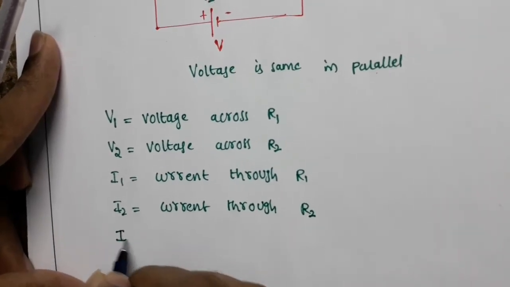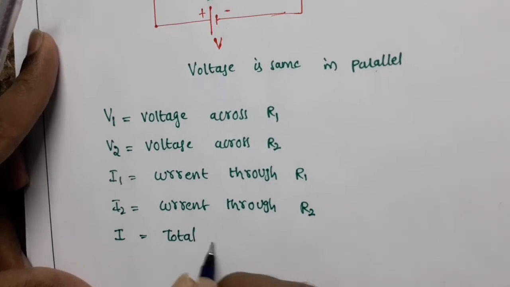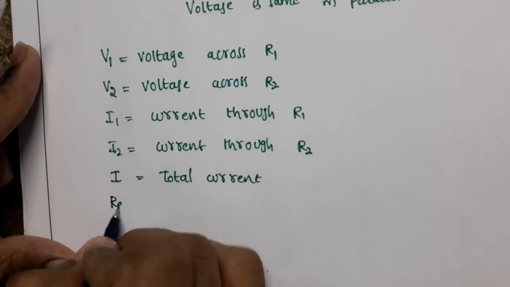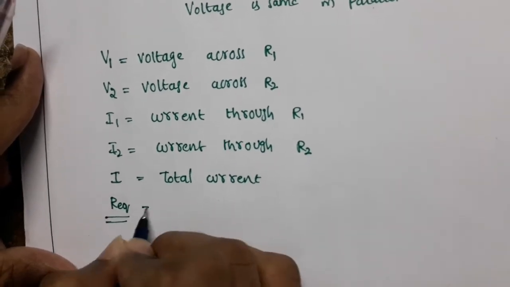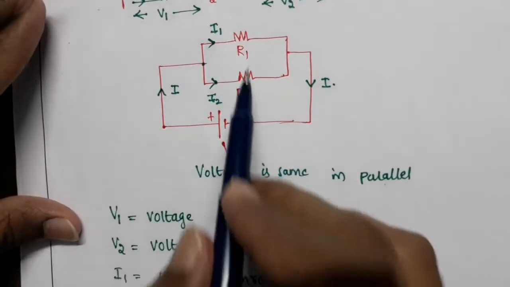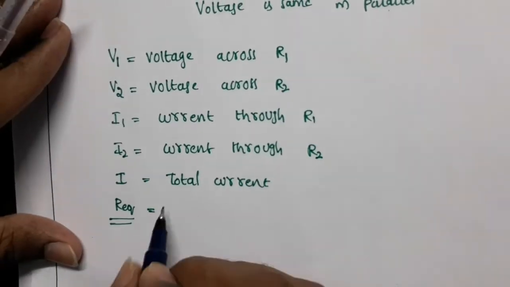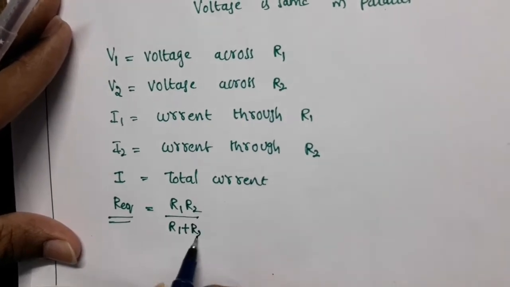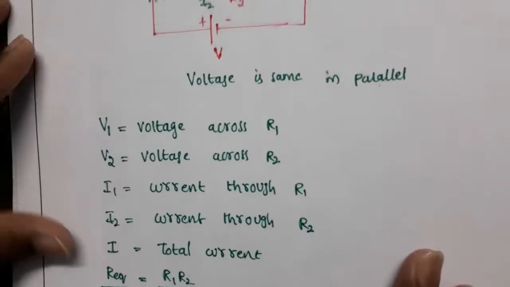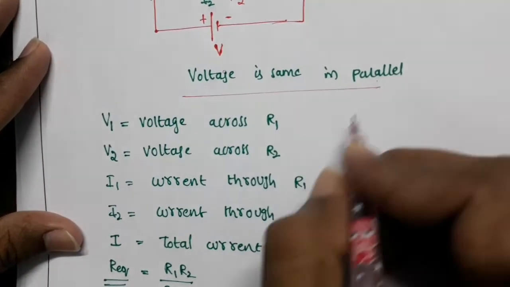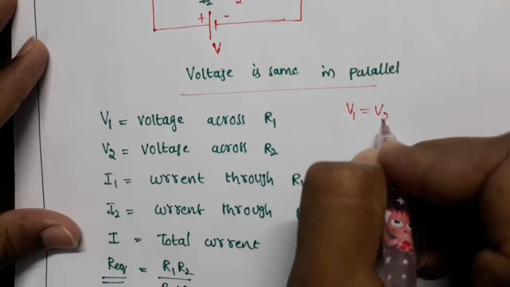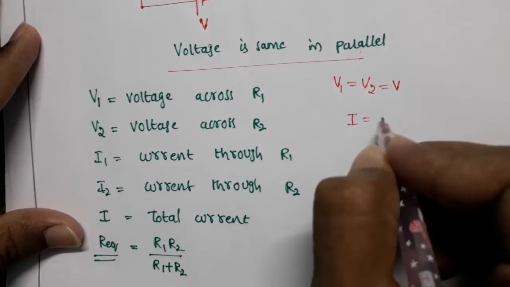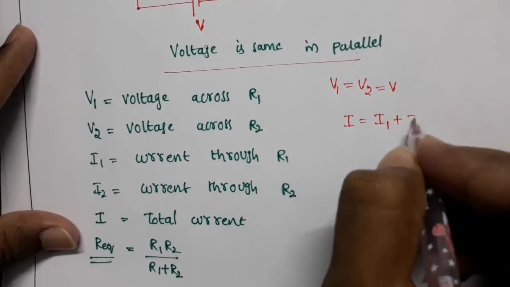I am taking total current as I. Therefore, I equal to total current and R equivalent, that is total resistance. As I have connected two resistances in parallel, we know R equivalent equal to R1 R2 by R1 plus R2. Voltage is same in parallel. We know V1 equal to V2 equal to V, and total current I equal to sum of branch currents, that is I1 plus I2.